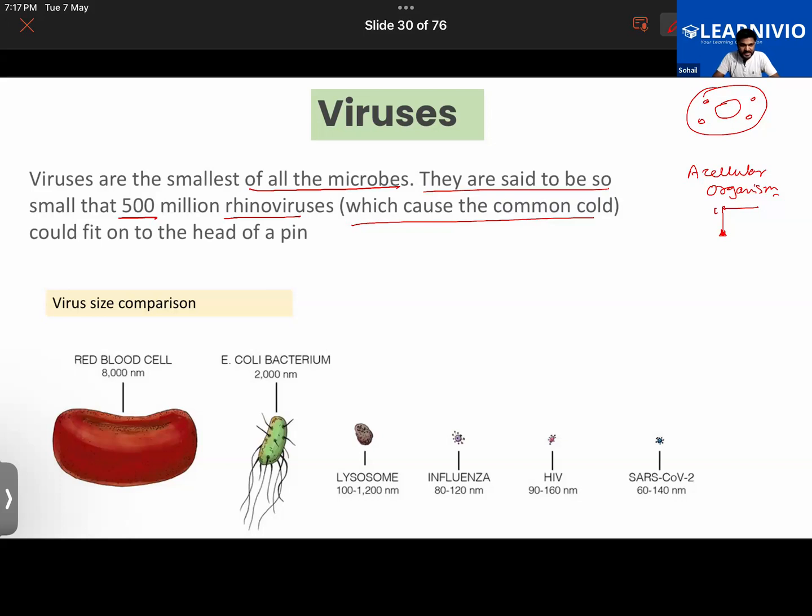The particles of viruses cannot be called a cell, even when in a human body. Even if it enters the human body, it's not like it will acquire the shape of a cell. That is the thing.